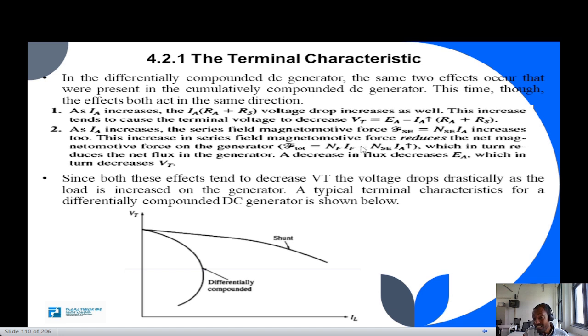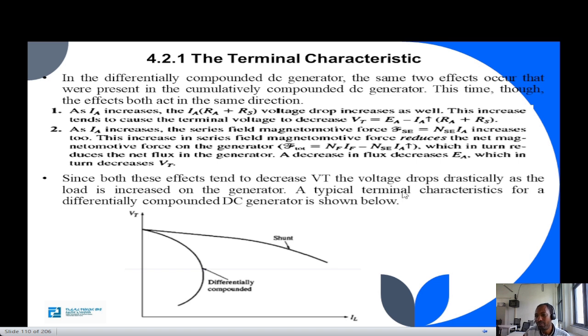Since it is differential, this will get reduced. F net will be less, which means Vt is reduced further. In this case it is reduced, and in this case it is further reduced. Due to this, the differential characteristic curve is an immediate collapse. Since both these effects tend to decrease Vt, the voltage drops drastically as the load increases on the generator.